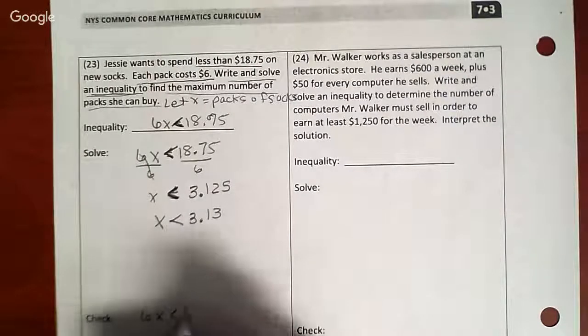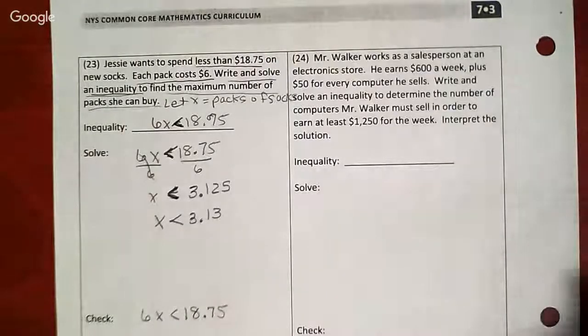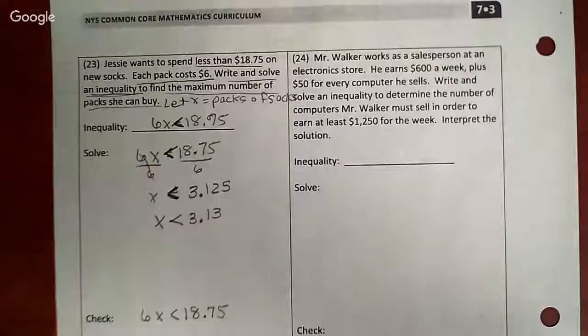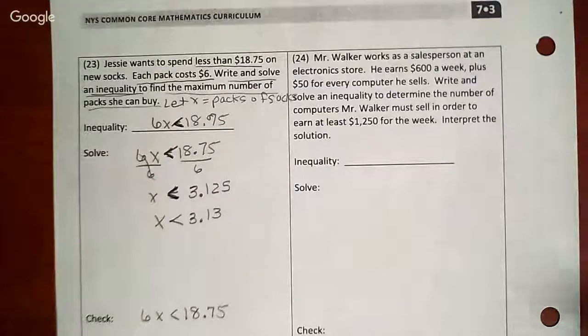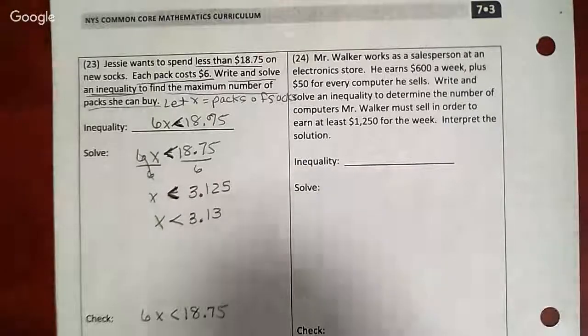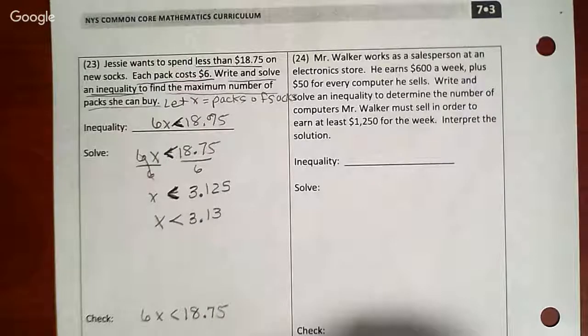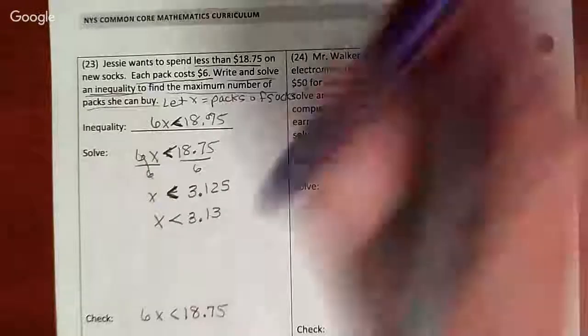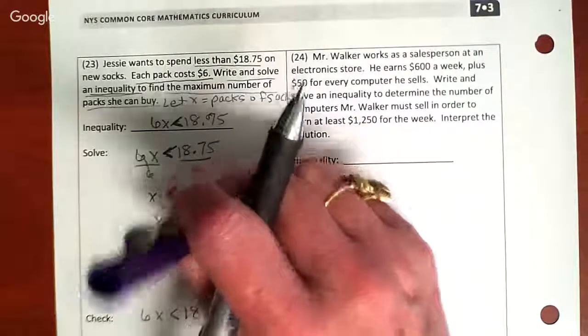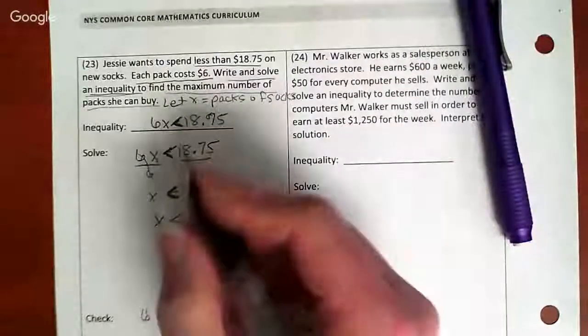So now to check that, 6x is less than $18.75. So let's check that out. Or in this case, $3.12, because it's got to be less, guys.